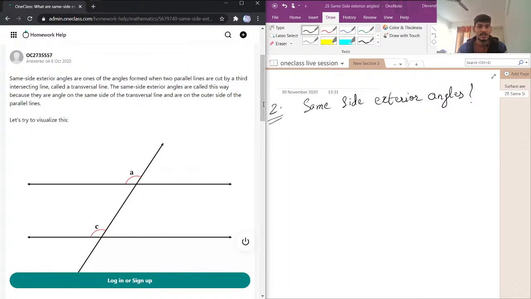The same side exterior angles are called this way because they are angled on the same side of the transversal line and are on the outer side of the parallel lines.